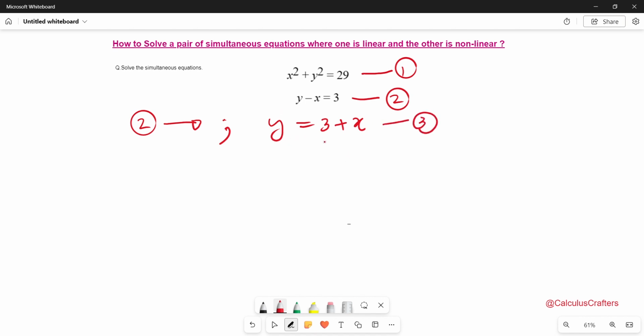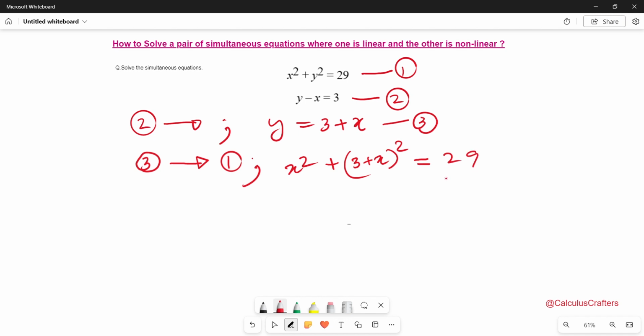So we got a value for y now in terms of x, so we're going to substitute that value into the first equation. Then x squared, instead of y, we're going to write down (3 plus x) squared equals 29.